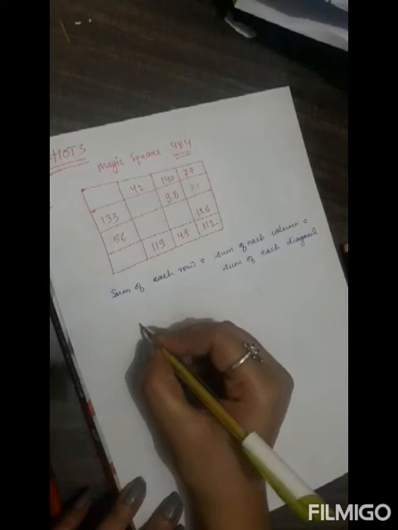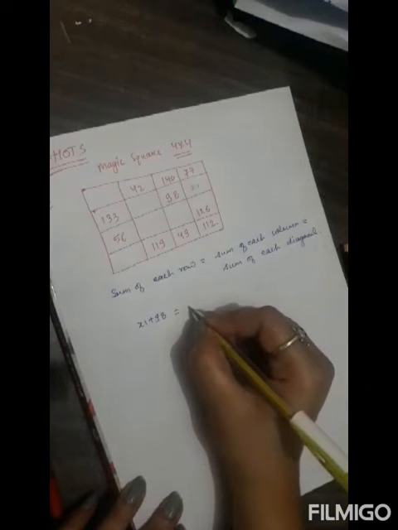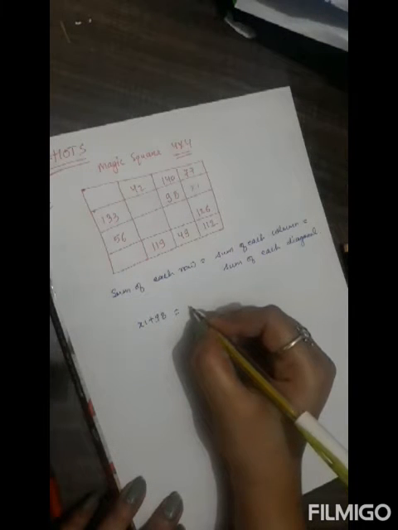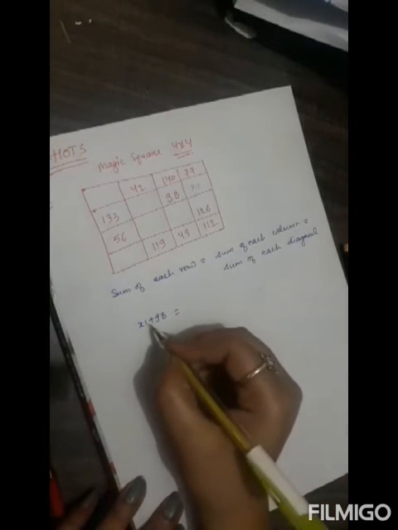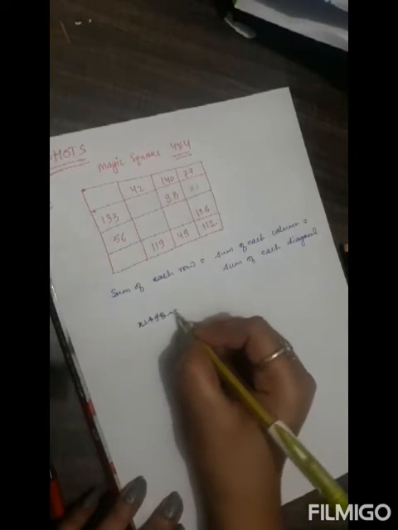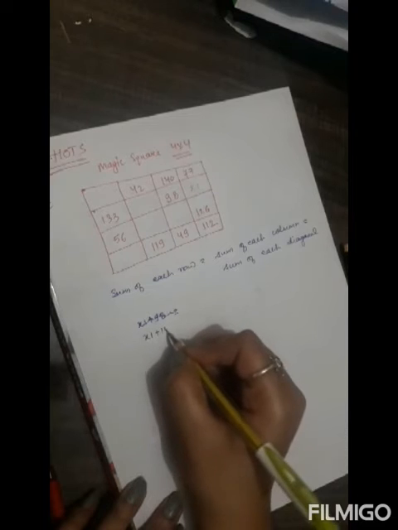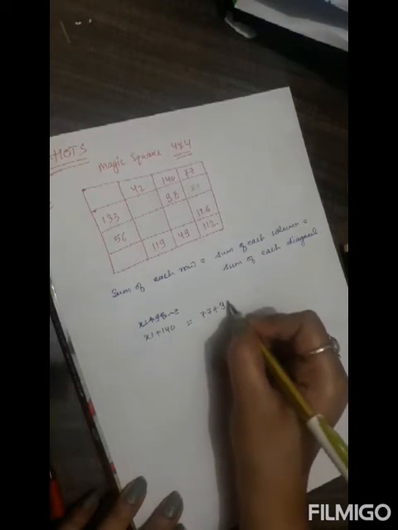So it would be, if I say x1 plus 98 is equals to, this diagonal if we are talking about, so it would be x1 plus 140. x1 plus 140 is equals to 77 plus 98.